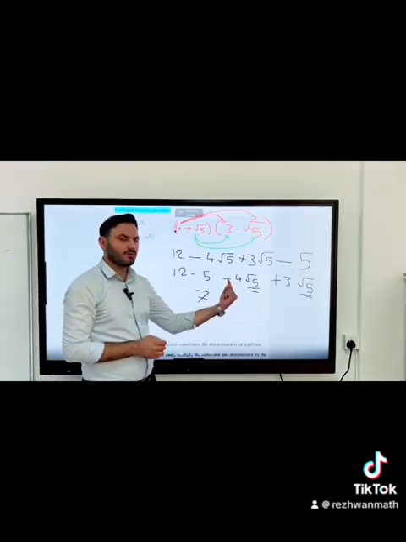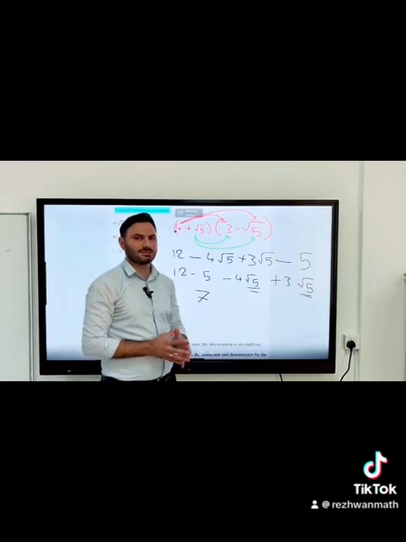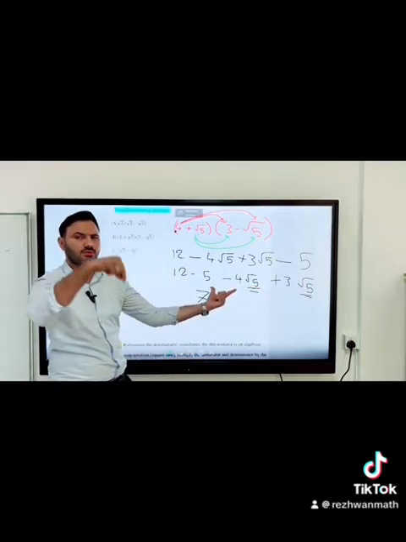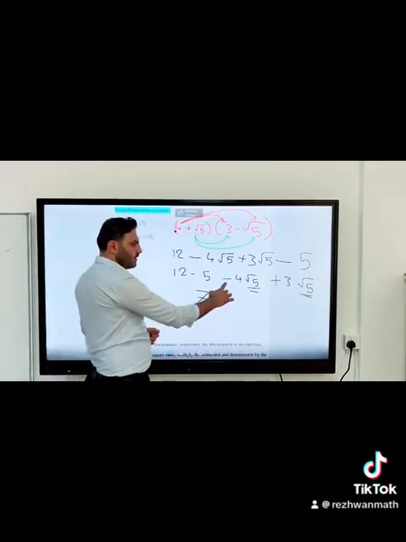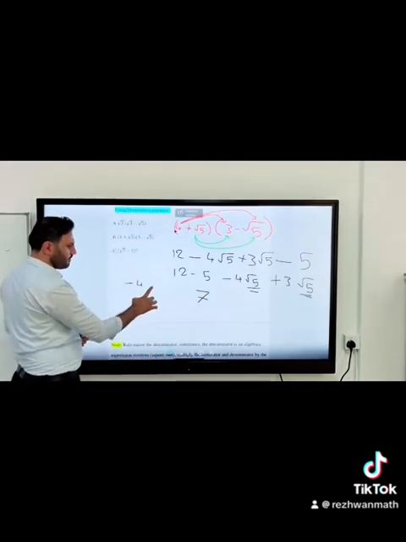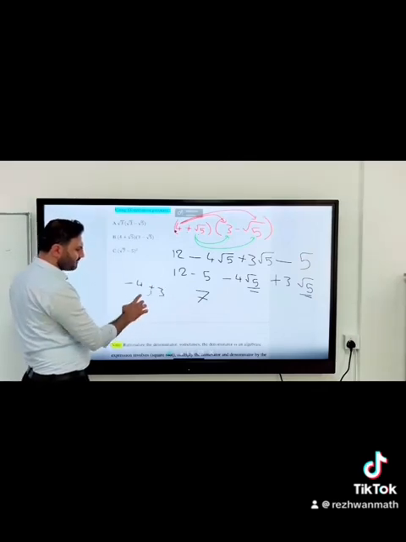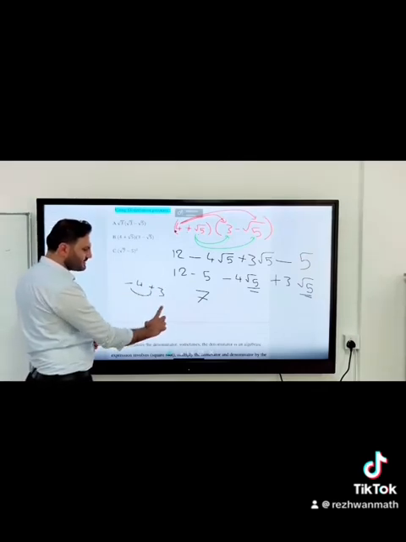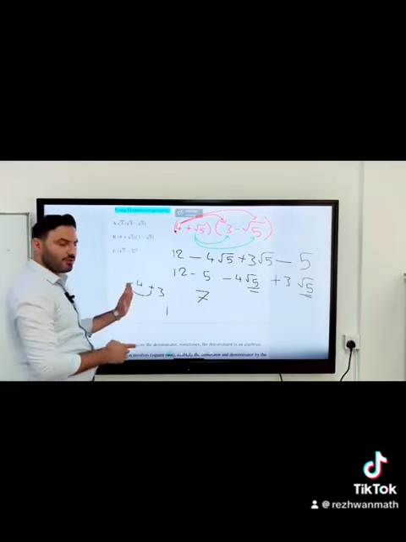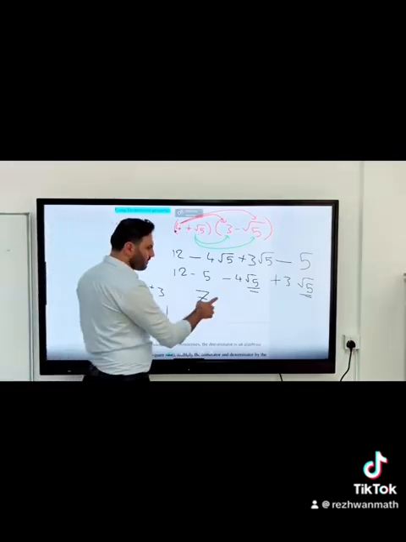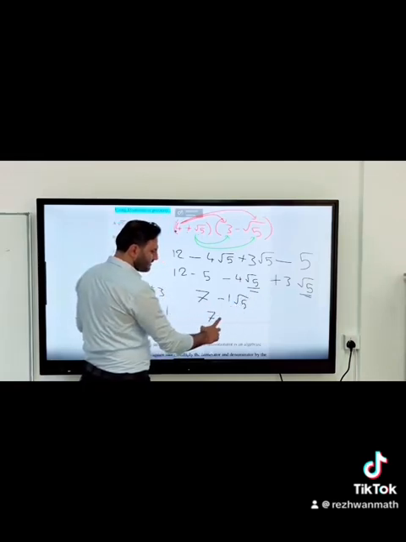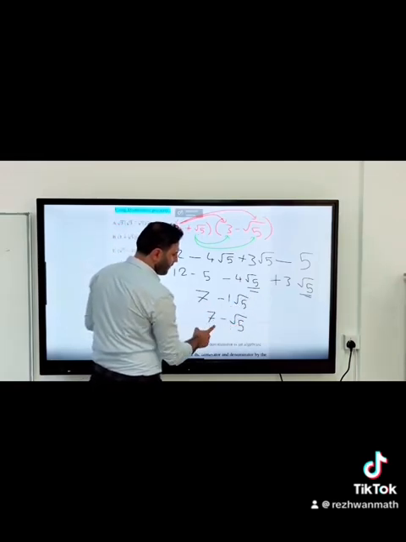So, what's the number in front of the square root? Minus 4 plus 3. Because we have different signs, you have to subtract, then put down the sign of the greater number. 4 minus 3, we get 1. And which one is greater? 4. What's the sign of 4? Minus. So we get minus 1 square root 5, or we can write 7 minus square root 5.